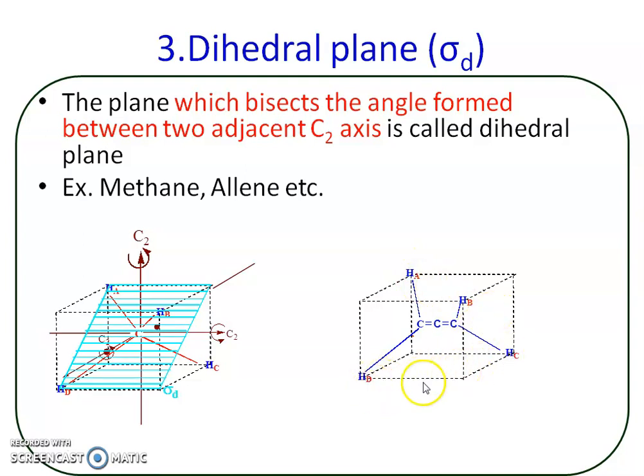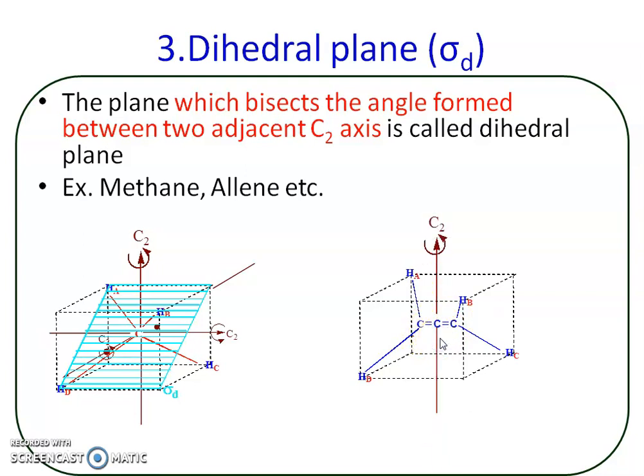Similarly, these are the 2 bottom hydrogen atoms, and instead of 1 carbon as was present in methane, here there are 3 carbons. One is at the center, which is joined to 2 carbon atoms by means of double bonds. Okay, so this is the structure of allene.